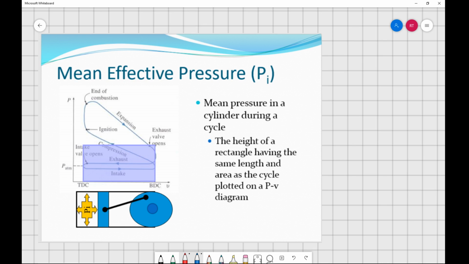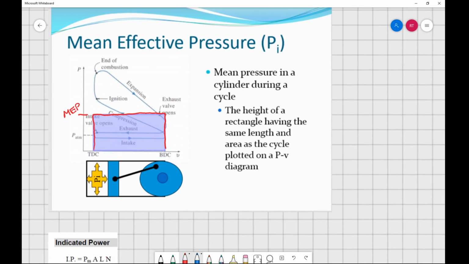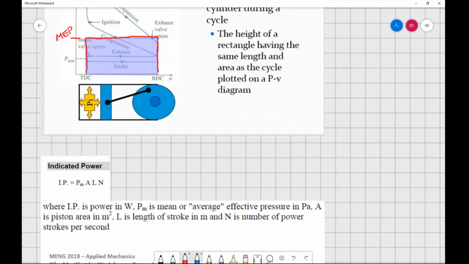And so no matter what kind of engine we have, we may try to find what is that averaged pressure, and that would be our MEP point. And as long as we can find that averaged point, then we can calculate how much work an engine is doing, and we can compare engines.